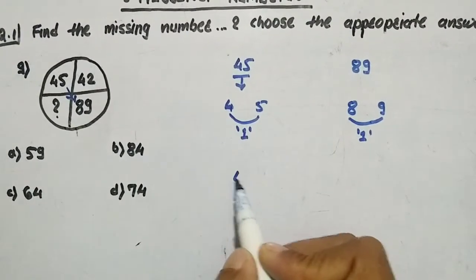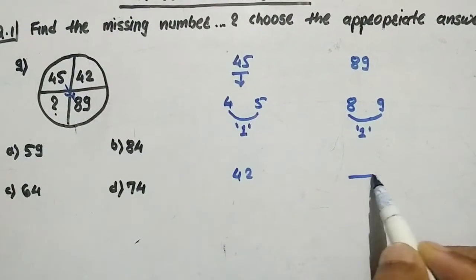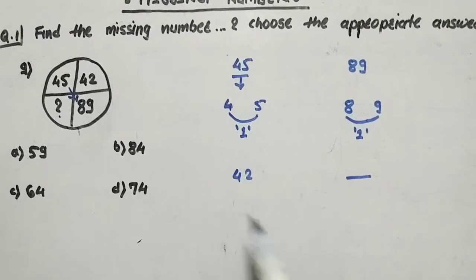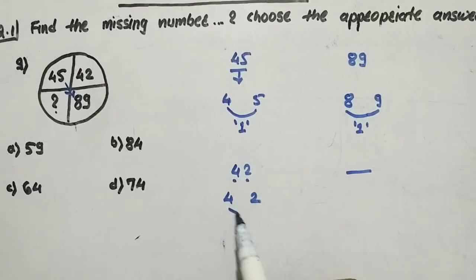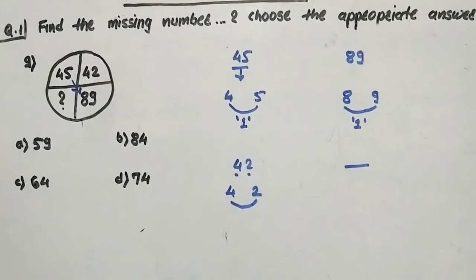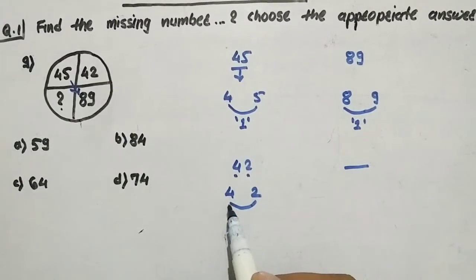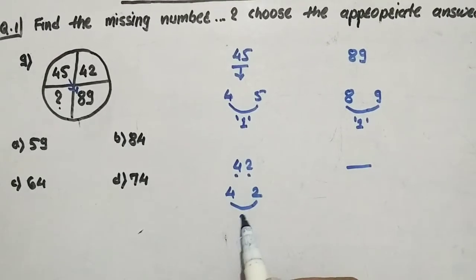So here 42, and find out a number whose difference, so 4 and 2, what is the difference between 4 and 2? We will take the difference of those two numbers, that is 2.